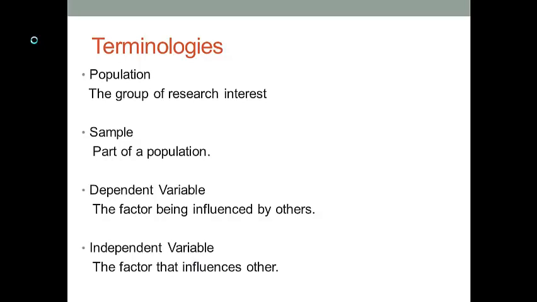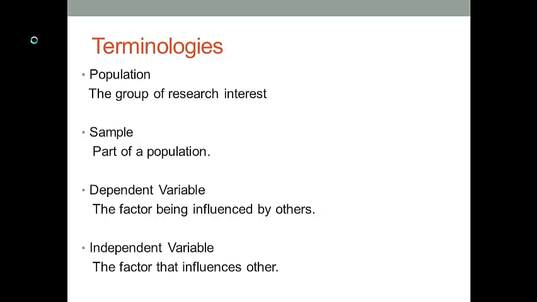We just use the sample as an example to look at the relationship, and then we want to find a way to infer the findings from the sample to the population. We'll further talk about this relationship later in this lecture.